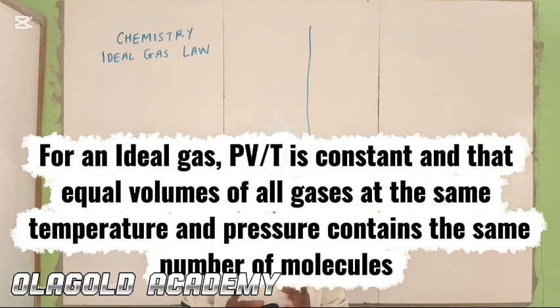Let me restate it once again. The product of pressure and volume, all divided by temperature, is constant, and equal volumes of all gases at the same temperature and pressure contain the same number of molecules.